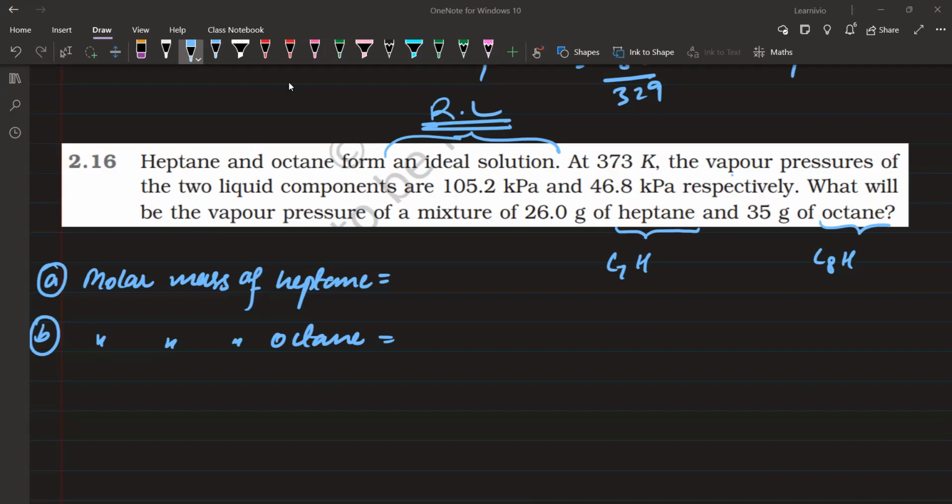What would be the answer? No, molar mass. Molar mass. Got a few answers.